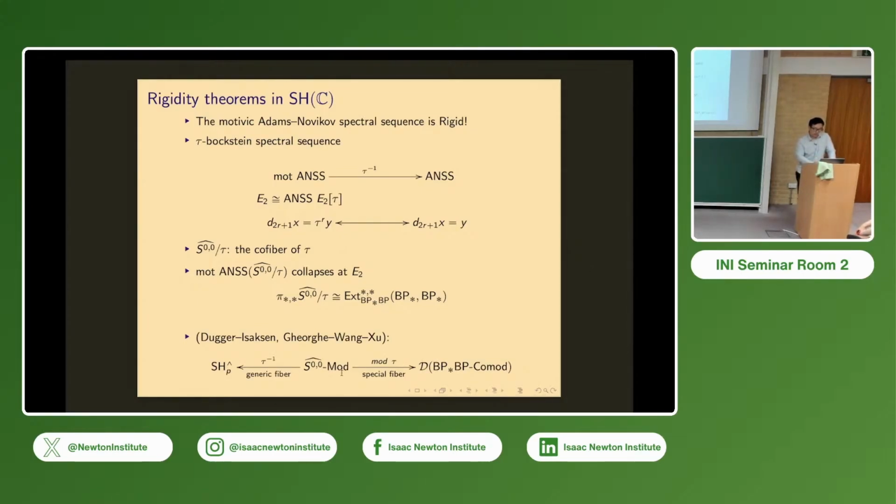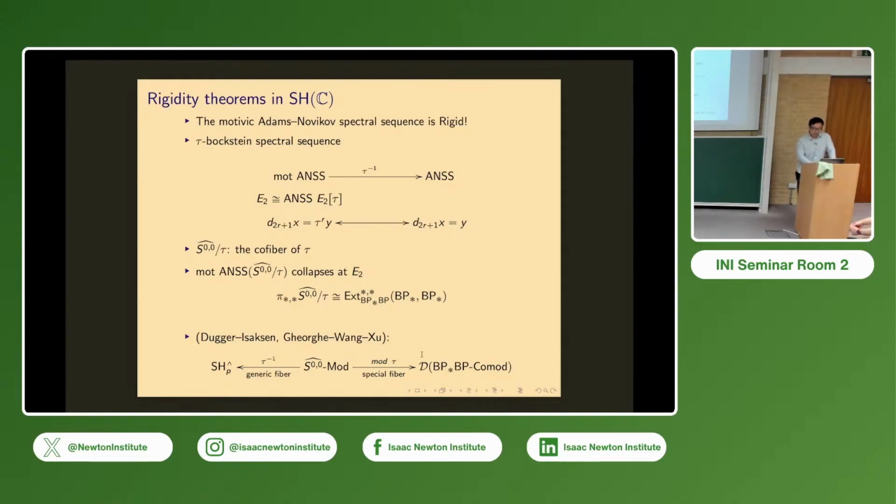So if we start with cellular modules over the completed sphere in the motivic setting, we can invert tau. Dugger and Isaksen proved that this gives us the entire classical stable homotopy category, complete at prime p.